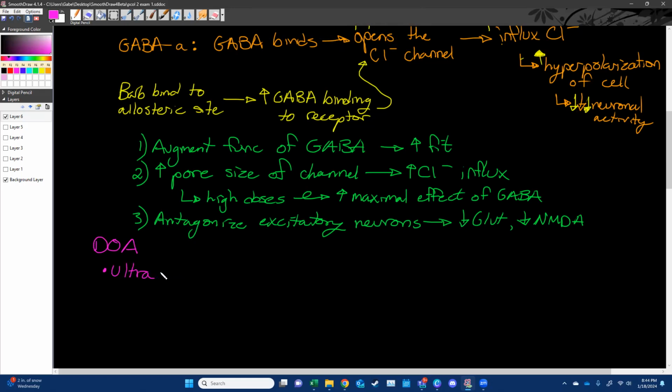First are the ultra short acting, which means that they're working for about 15 minutes to 3 hours-ish. And this includes thiopental and methohexital.